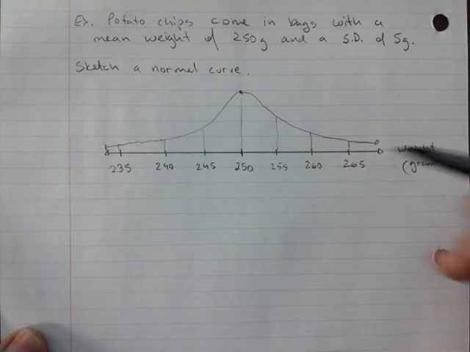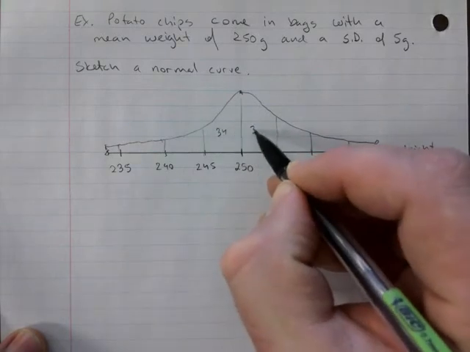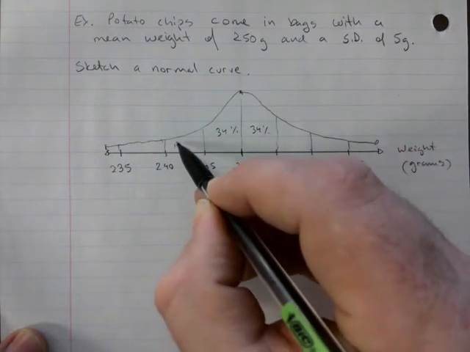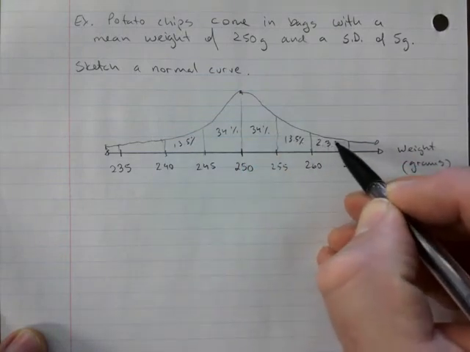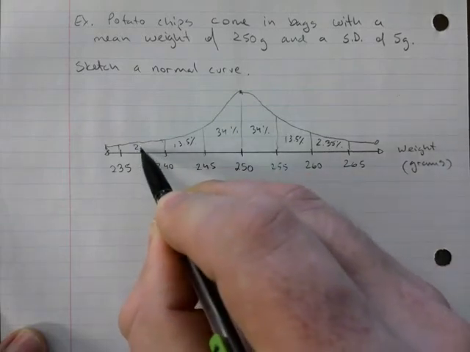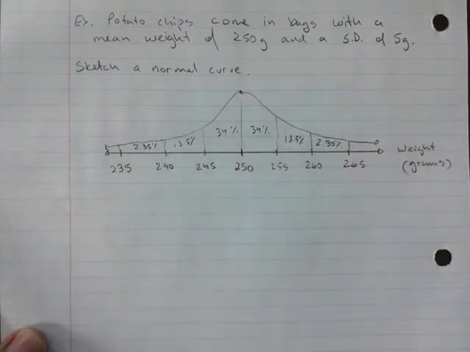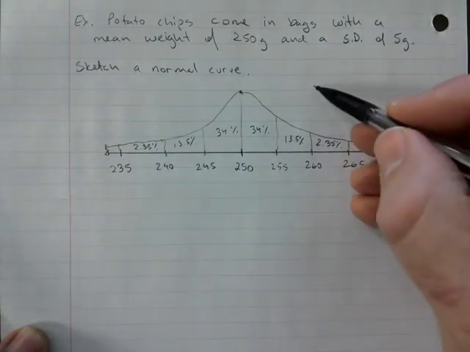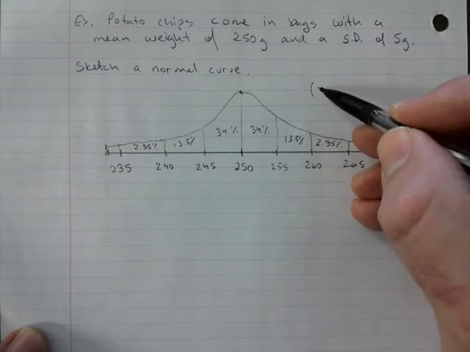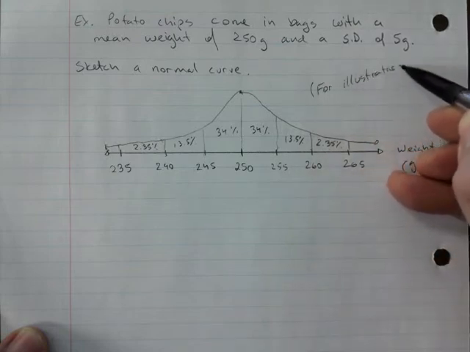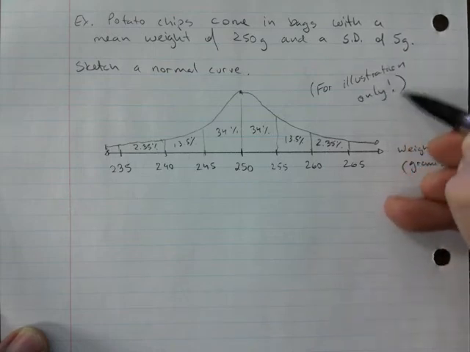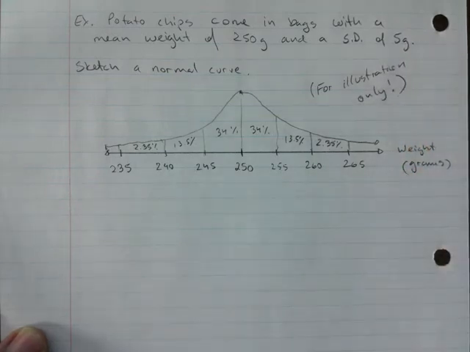So nothing fancy, okay? 34, 34, 13.5, 13.5, 2.35, 2.35. And I will just say this. For illustration only, okay? We're going to use our calculator to actually figure out the exact values.